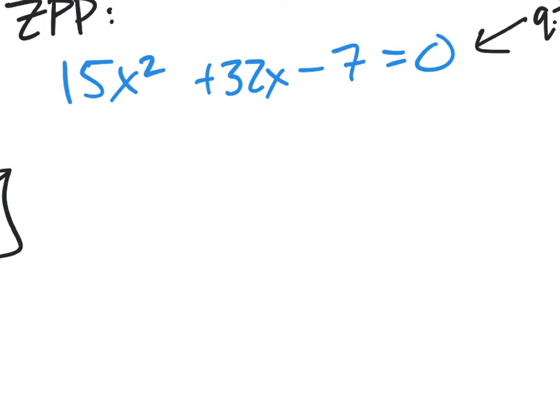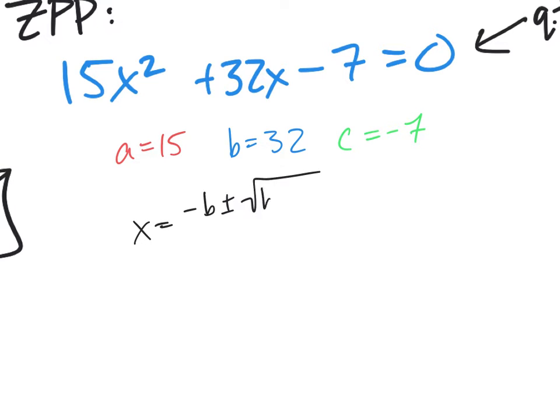So a is 15, b is 32, c is -7. X equals -b plus or minus the square root of b squared minus 4ac all over 2a.